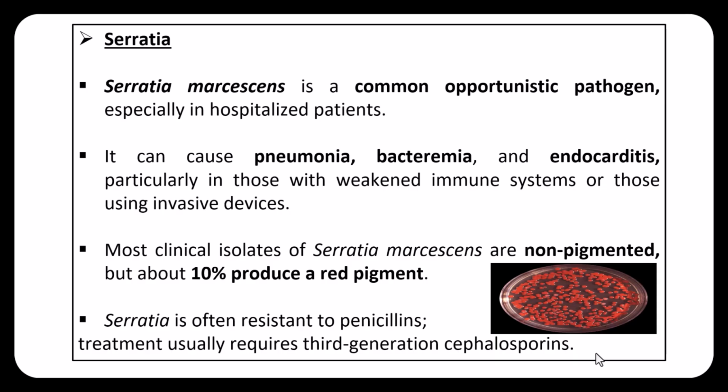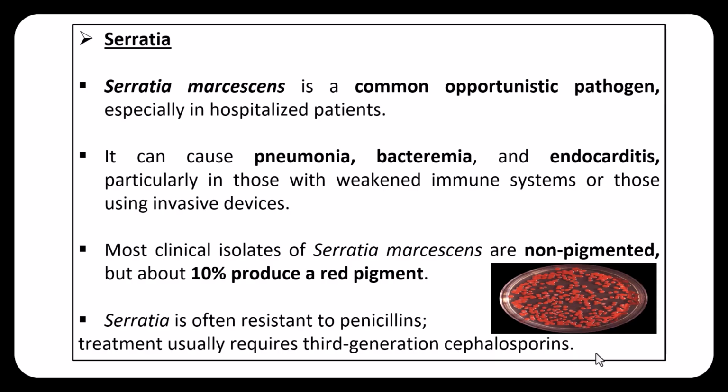It can cause several serious infections such as pneumonia in ventilated patients, bacteremia, bloodstream infection, and endocarditis, and those infections are common in patients using invasive medical devices such as intravenous lines, urinary catheters, and ventilators. For example, a patient in the ICU with a central venous catheter may develop bacteremia caused by Serratia marcescens.